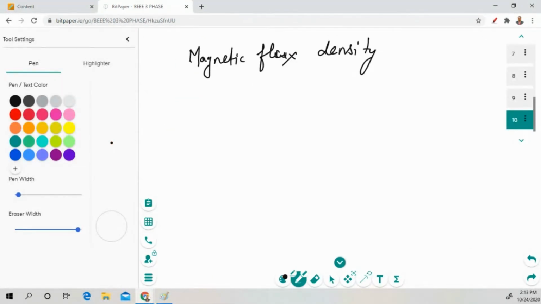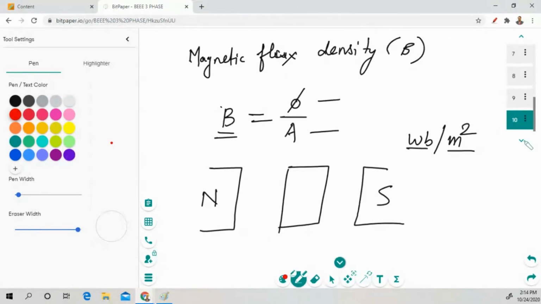Magnetic flux density at a point is the flux per unit area at right angle to the flux at that point. Suppose this is some material. When you place this material inside the north and south poles, magnetic lines cut this material through a particular area.